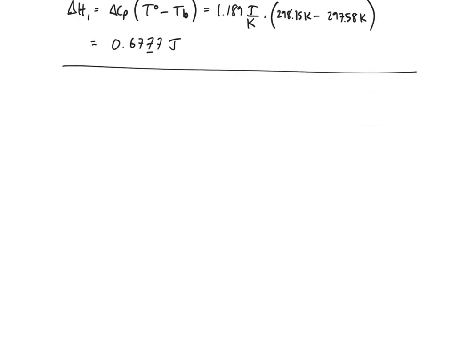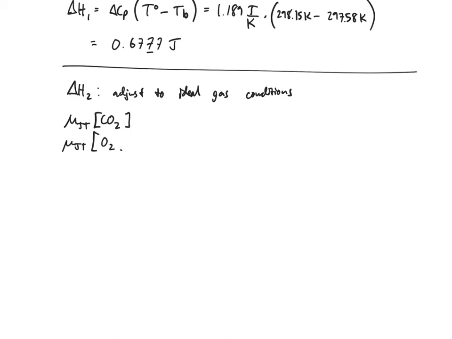Let's move on to the next correction, delta H2. The purpose of this is to adjust to ideal gas conditions for the gas molecules. In order to do this correction, I'm going to need the mu JT, which is the Joule-Thomson coefficient for CO2, and the mu JT for O2.